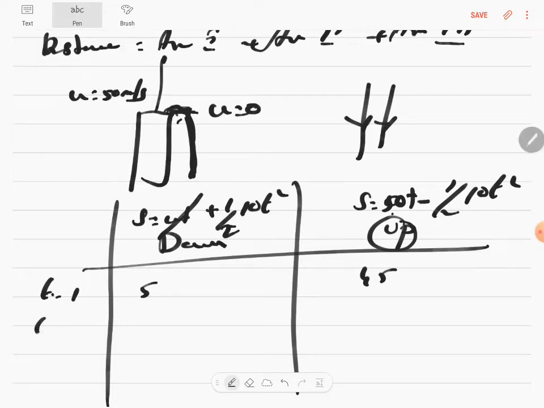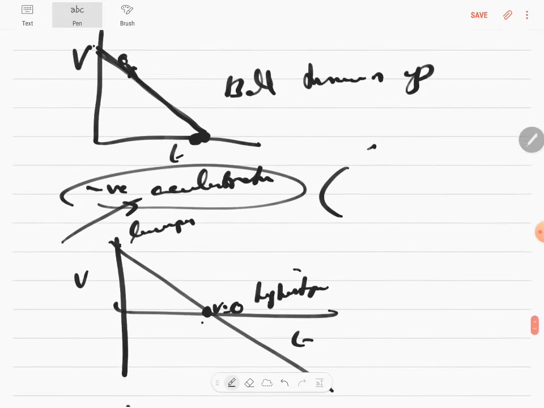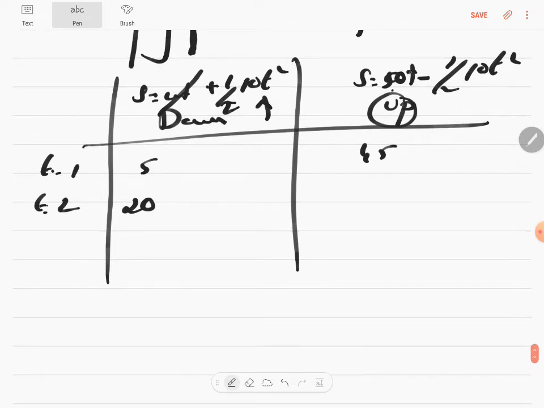When t is equal to 2, t square is 4. Half of 10 into 4 gives 20, so for the ball thrown down it is 20. Now for the ball thrown up, t is equal to 2: it's 100 minus half into 10 into 2 square, which is 4. So it will be 100 minus 20, so it will be 80.